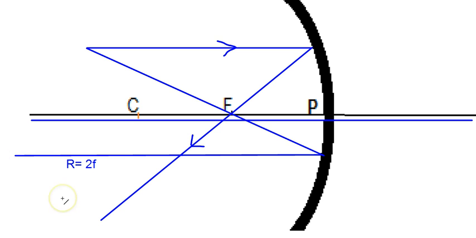So this is point number 2. The third important thing is that a ray starting from C and hitting anywhere on the mirror is going to come back on the same path.